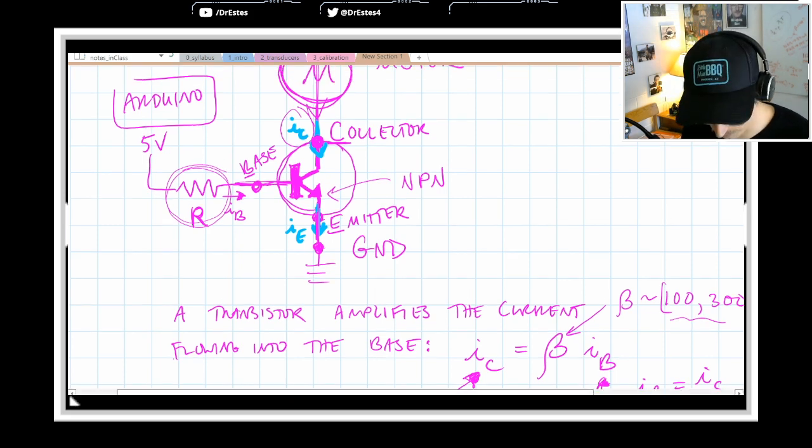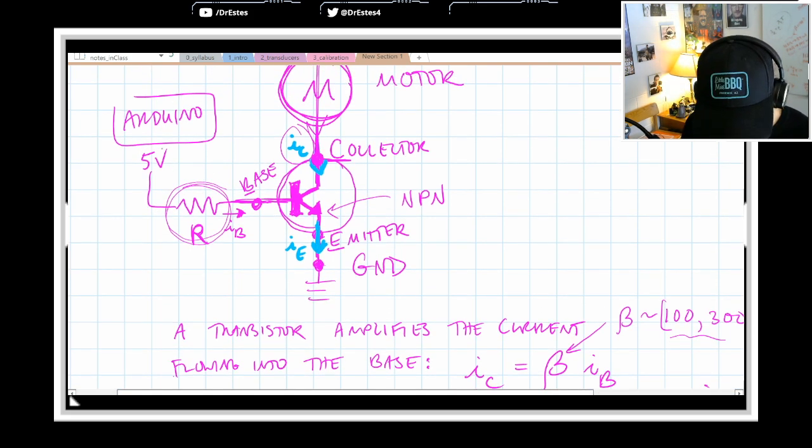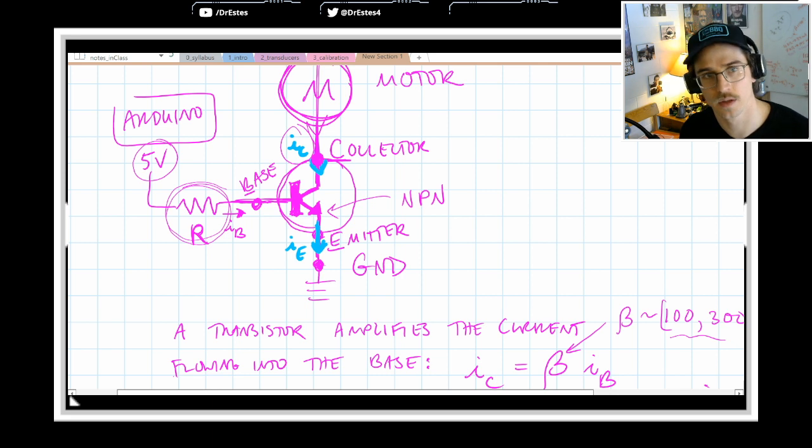Let me show you what I mean. If you follow this path, starting from the Arduino, we start at 5 volts here, then we lose some voltage across the resistor, and then we lose some voltage as we travel from the base to the emitter.